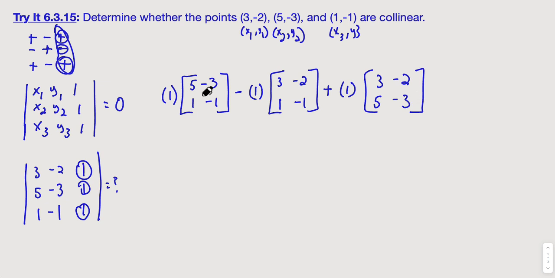And now we just evaluate the determinants. On this first one, crisscross. So 5 times negative 1 minus 1 times negative 3.